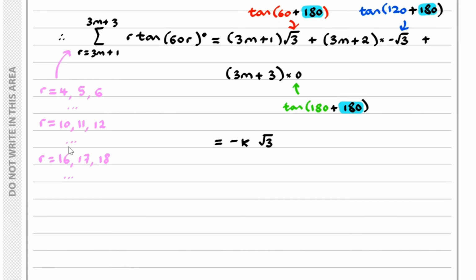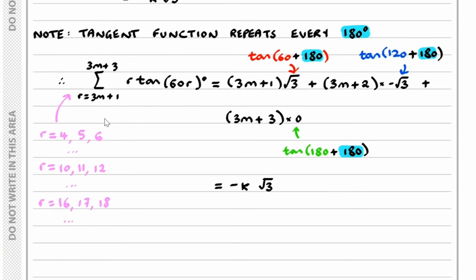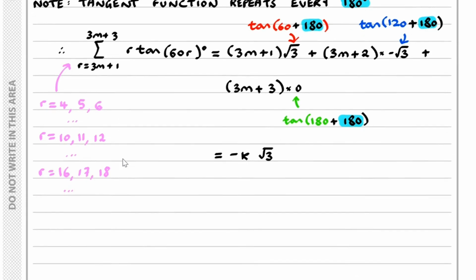The m is just referring to each sort of batch of numbers from r equals 1 to r equals 6, because that batch is being repeated.